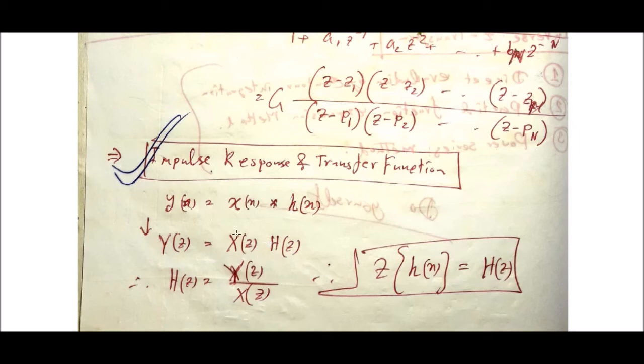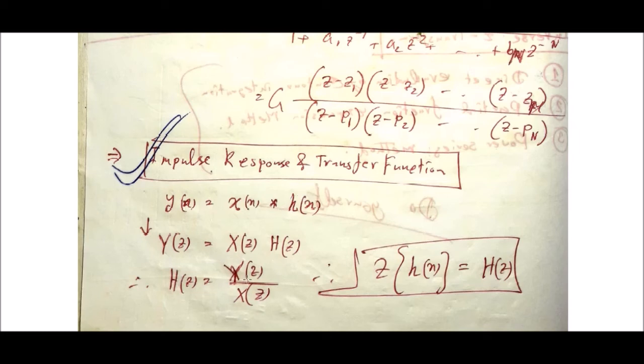Capital X(z) is the Z transformation of x[n], and capital H(z) is the Z transformation of h[n]. So if you multiply them in the Z domain, you will have the same operation as convolution in the time domain. Now from that find out H(z), which is the Z transformation of the impulse response.